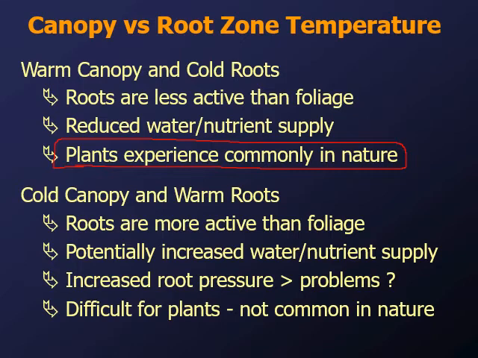If you flip this, warm roots in a cold canopy, we end up with an issue of increased water and nutrient supply. Now that at first might seem like not a bad thing because we've talked about having warmth underneath the benches, especially in propagation zones.